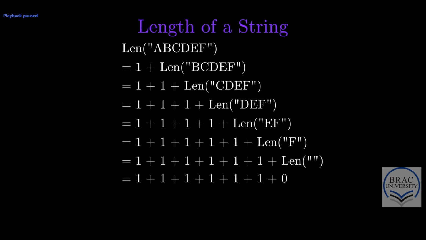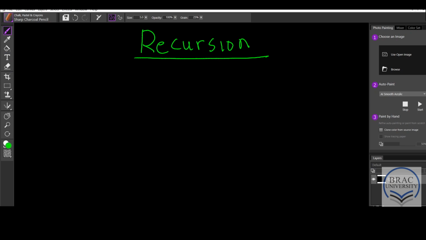Now we have calculated the value 6 very immediately, but actually in a recursive function this doesn't happen so immediately. Now we will see how the return values are passed on. So let's go to Corel Painter.